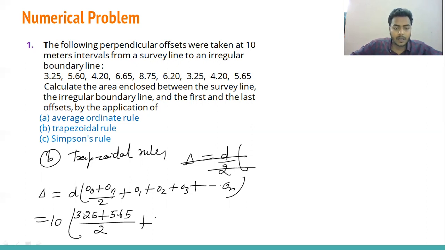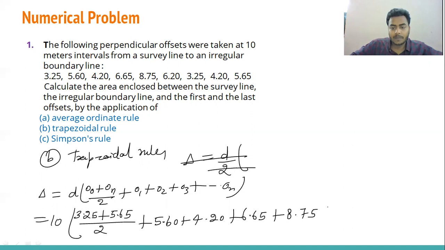Now add the remaining ordinates, 5.60, 4.20, 6.65, 8.75, and so on up to 4.02.